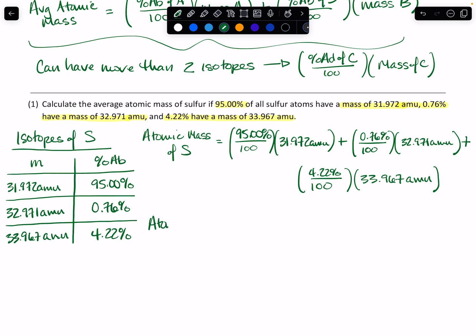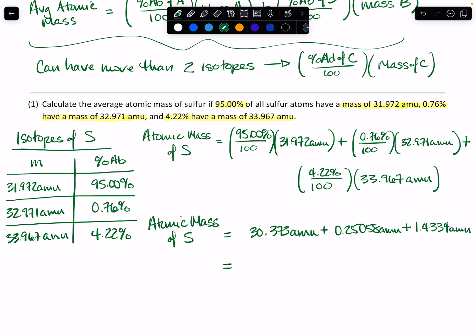All right, so atomic mass of sulfur. I do my multiplications and I get 30.373 for my first piece, 0.25058 for my second piece, and then 1.4334 for my third piece.